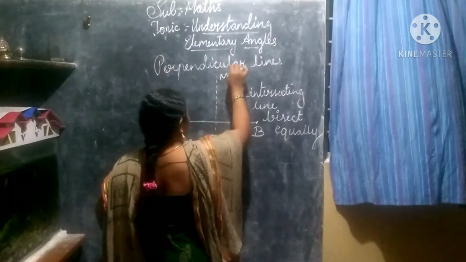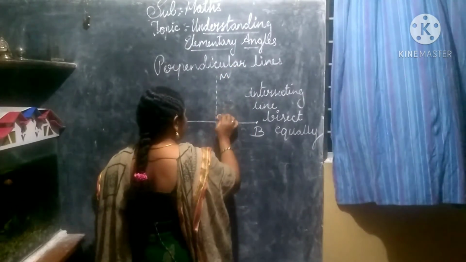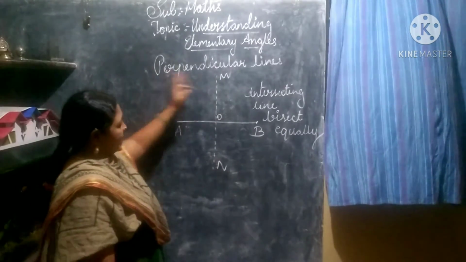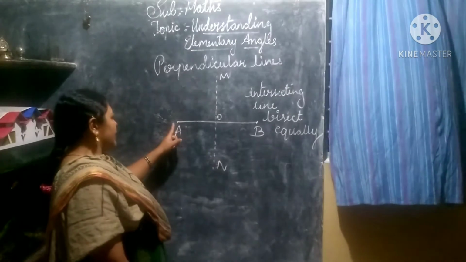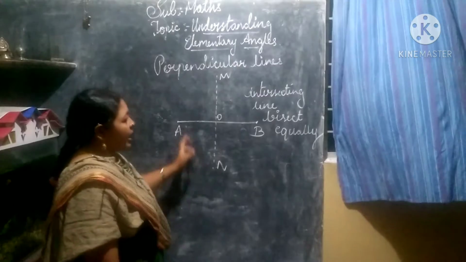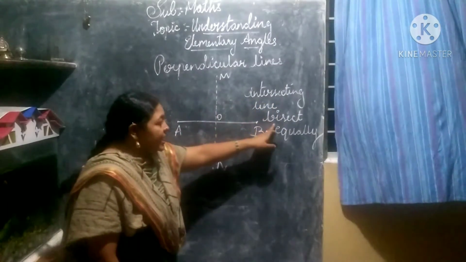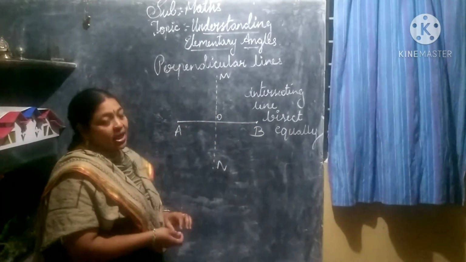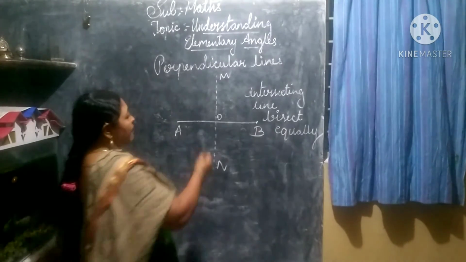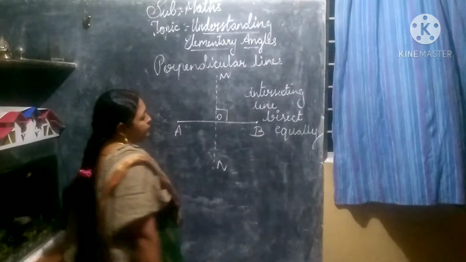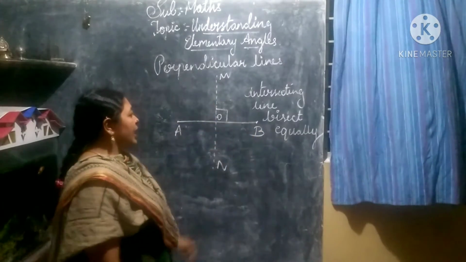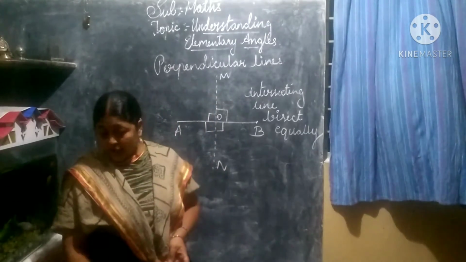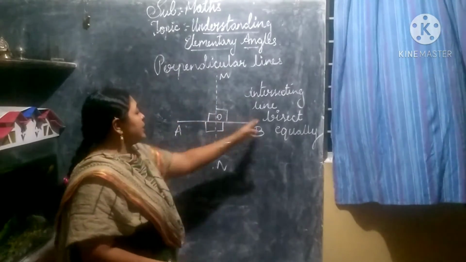Let us name them M and N, and put the meeting point as O. Two lines are said to be perpendicular if one cuts a line segment AB and bisects it equally, then these two lines are called perpendicular lines and they make an angle of 90 degrees on all four sides. Obviously, they are making a 90 degree angle.